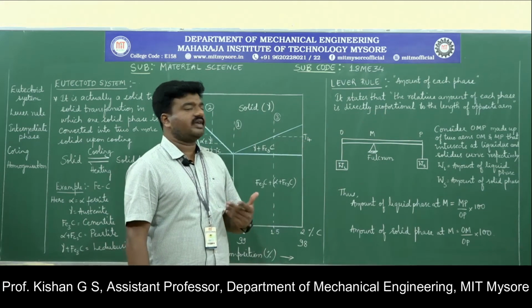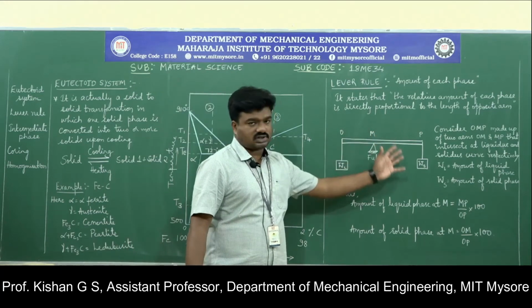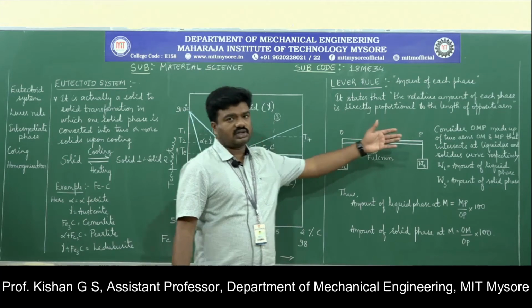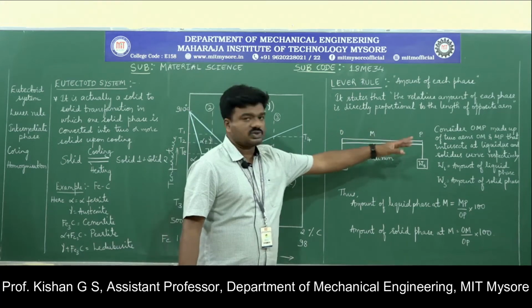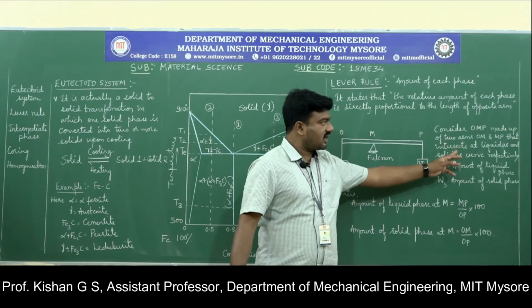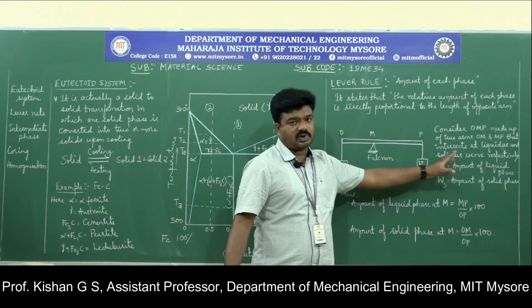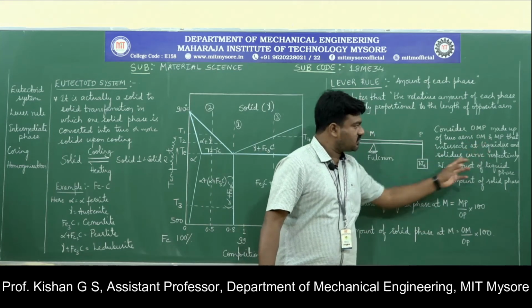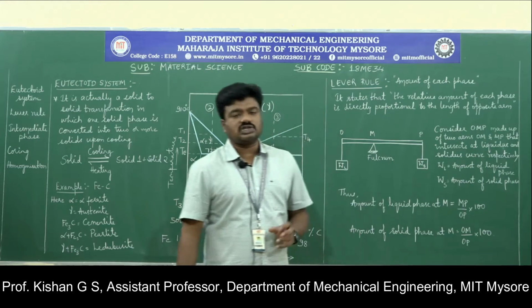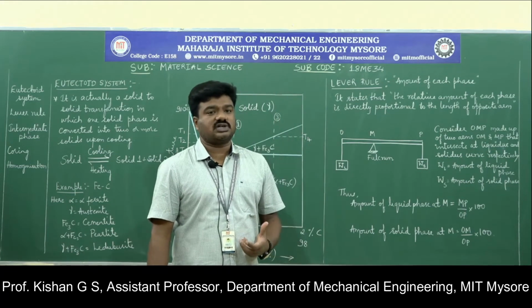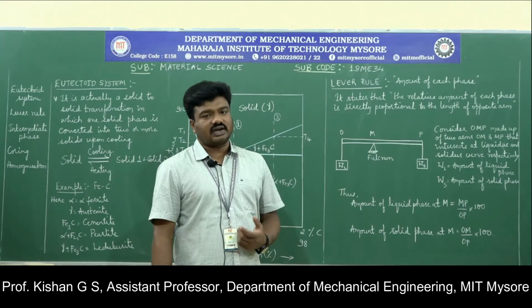To go with the explanation, we are going to consider the constructive principle like this. Let us take an arm OMP, which is made up of two arms, OM and MP, that intersect the liquidus and solidus curves respectively. That means OM is the liquidus and MP is the solidus curve. That is where we define the amount of each phase present at one particular point of reference.